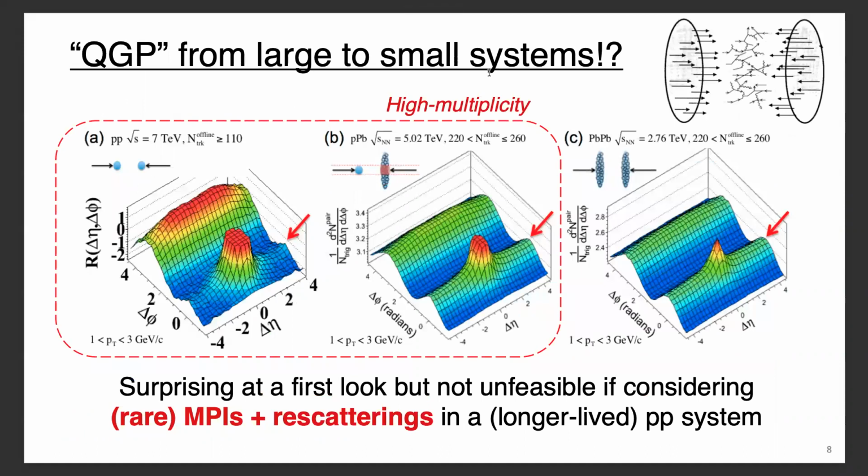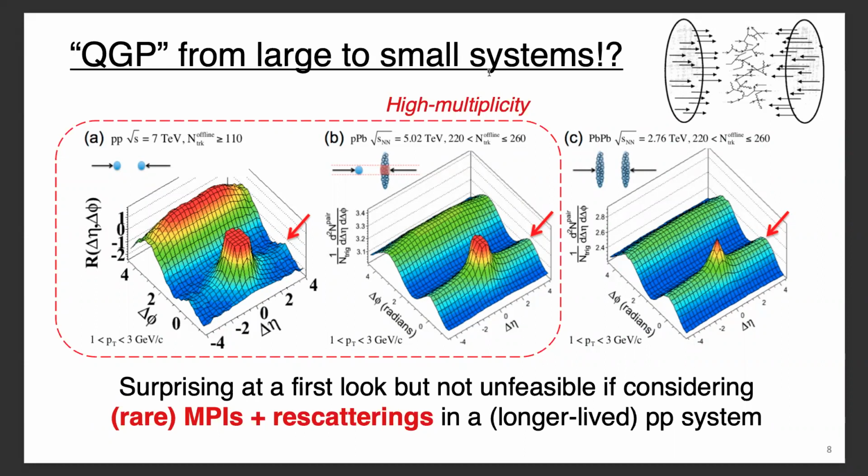So that's the beginning of the small system surprise, and later on the LHC had the proton-lead collisions. In proton-lead, the system size might be a little bigger than proton-proton, but if you consider the overlap region between the proton and the lead, it is still substantially smaller than lead-lead collisions. But there you can see a substantial near-side region, this cosine 2 phi structure, right?